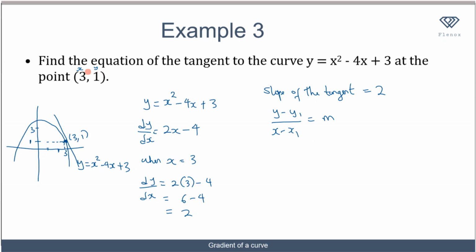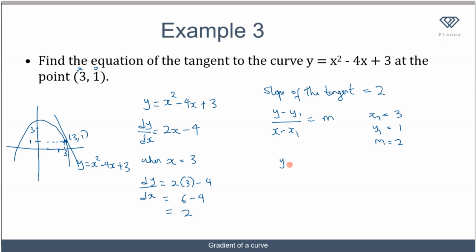Now we know one of the points of our tangent, and that point is what? 3, 1. So our x1 is equal to 3, our y1 is equal to 1, and our slope m is equal to 2. So we can substitute it here. What do we result in?